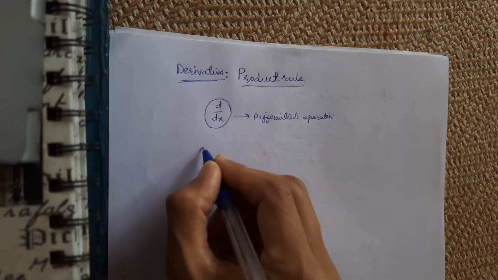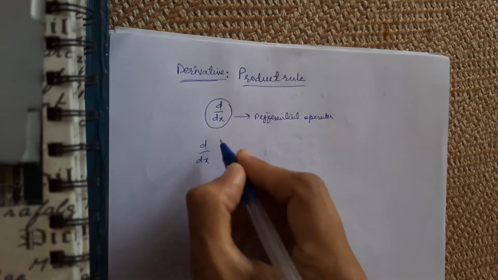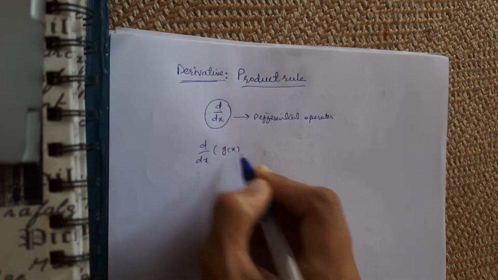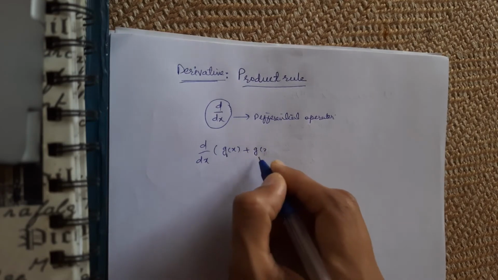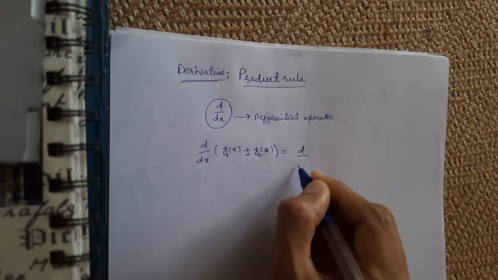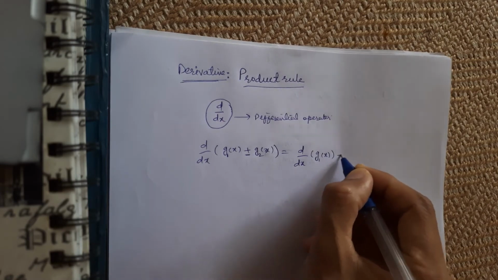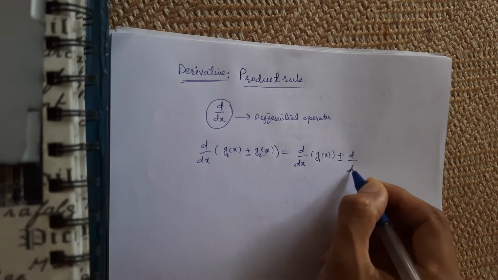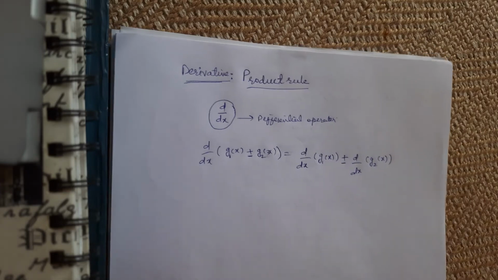We have seen that if we find the derivative of a function of x with an addition or subtraction sign, then we can separate the derivative as it is, with addition or subtraction, for f(x) and g(x). That we have already seen.